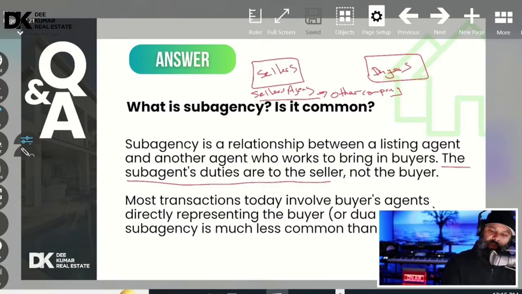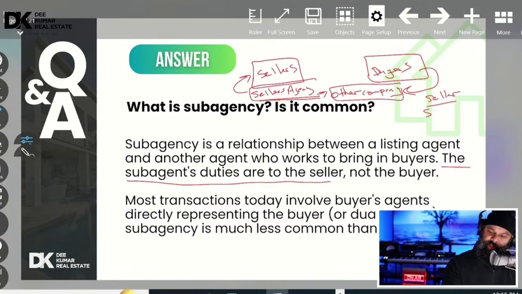The buyers would be introduced to this company, which worked underneath the company that worked for the seller. So the hierarchy was the seller, then the seller's agency, SA, and underneath it this other company. I'm just going to write OC for other company. That was the hierarchy.